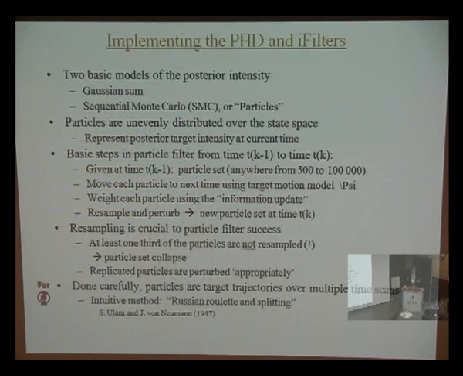And if you do that in one way, you'll wind up with multiple copies of some particles. So then you have to add a small dither of perturbation to each to make them distinct. If you don't do that, then the particles collapse in the resampling step, and after a period of time you'll get the same thing you had before with the weighting.